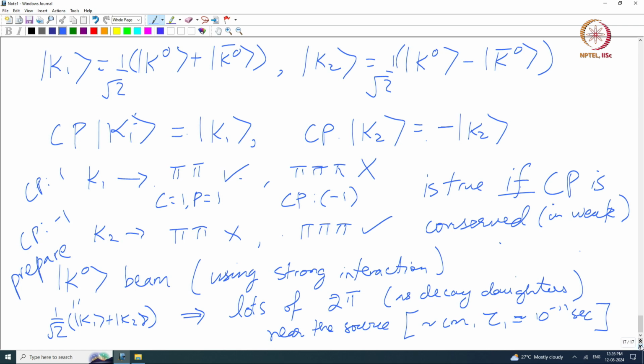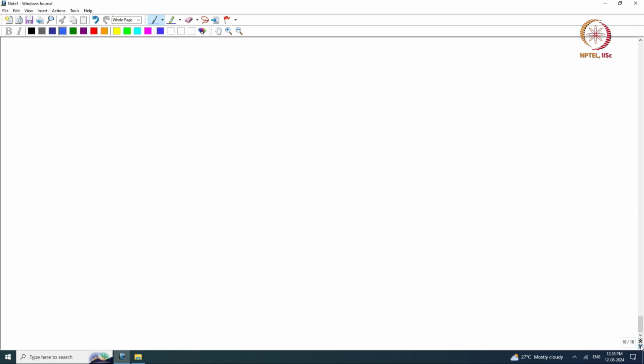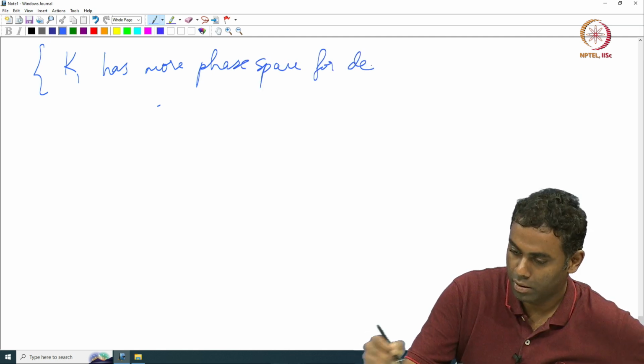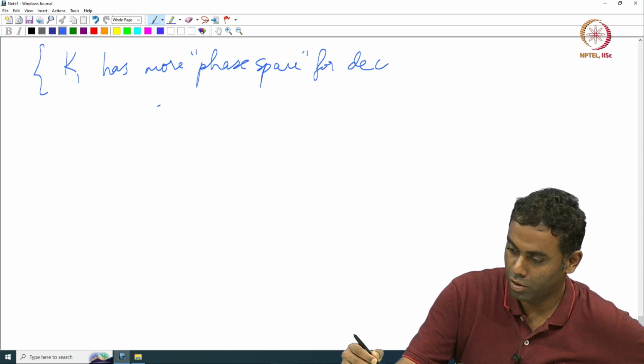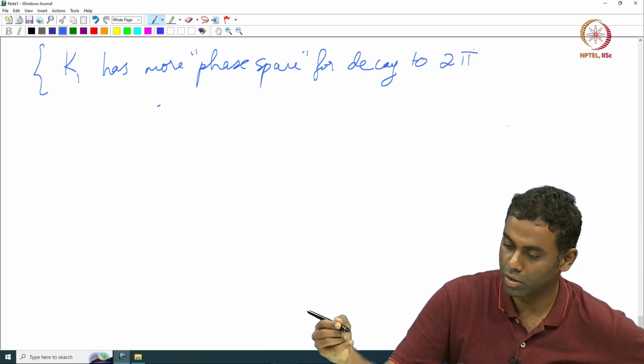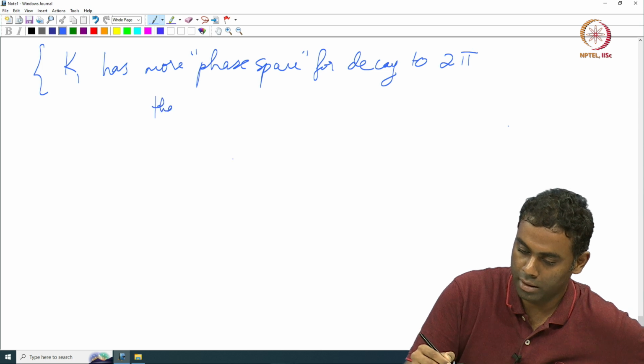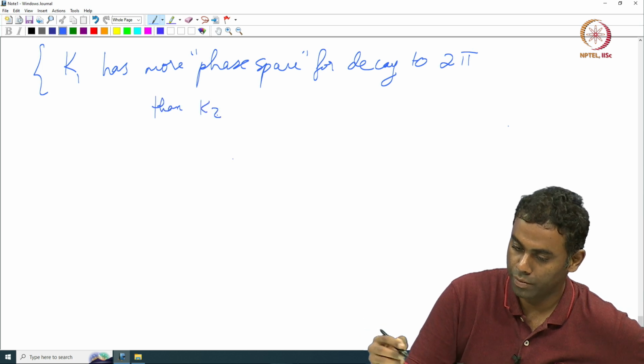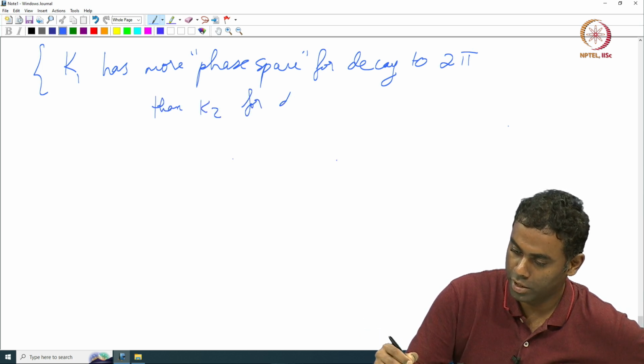We can now give some technical term to this. K1 has more phase space for decay to 2 pions than K2 for decay to 3 pions.